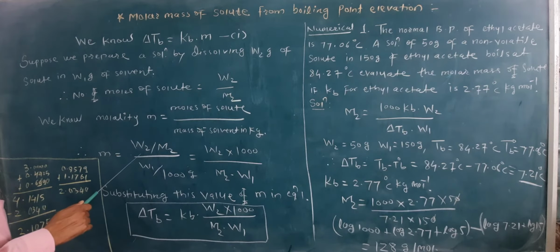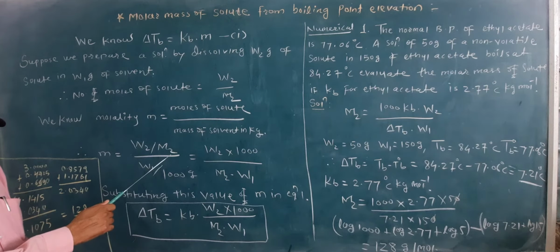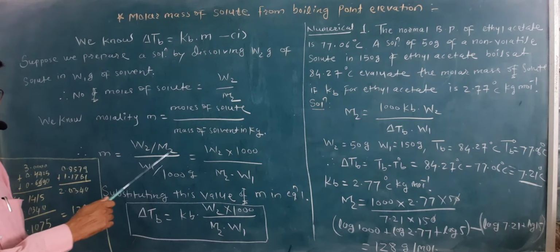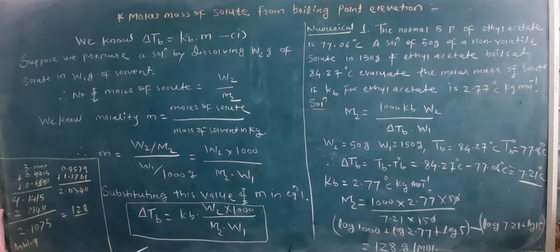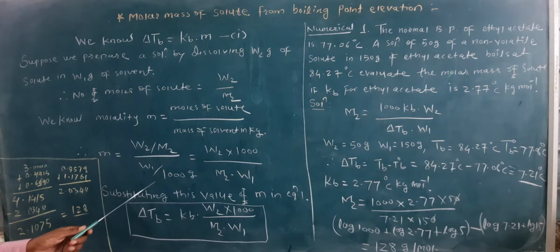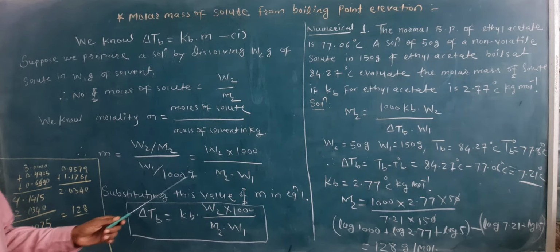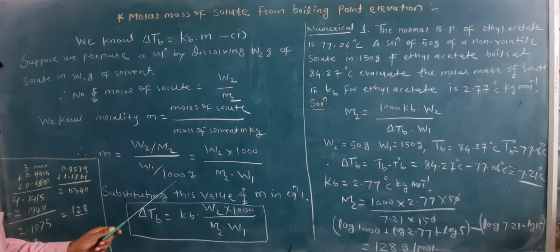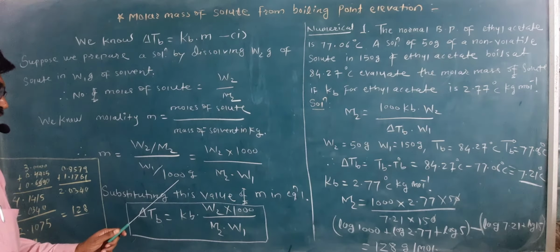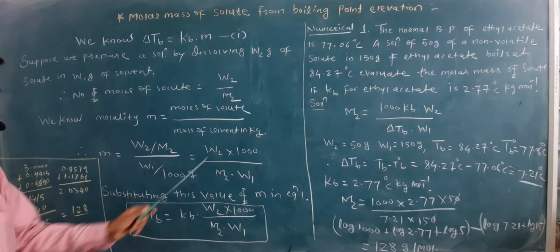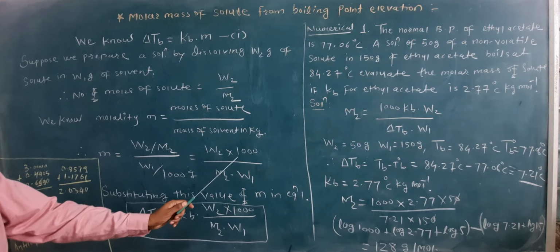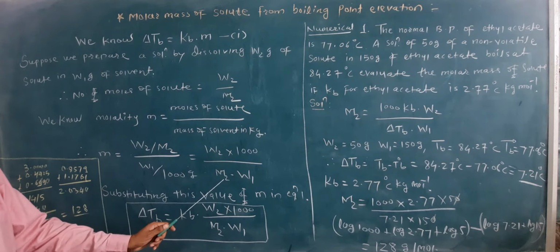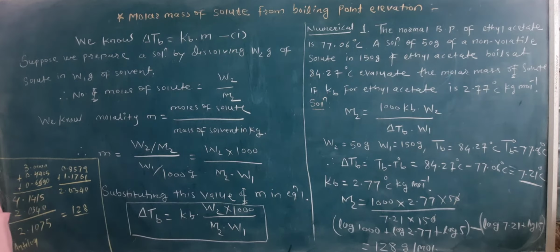So we can write W2 upon M2 divided by W1 upon 1000, since if the weights are taken in grams we convert kg into 1000 grams. Therefore we get W2 into 1000 upon M2 into W1.